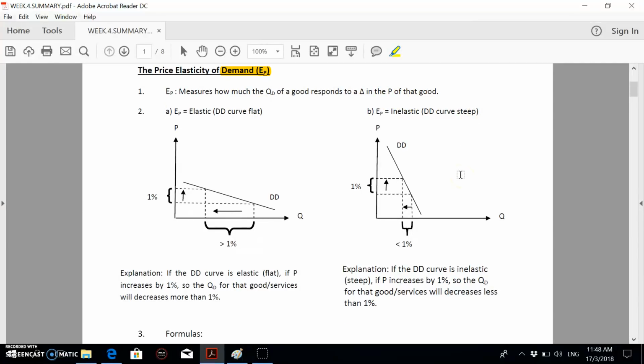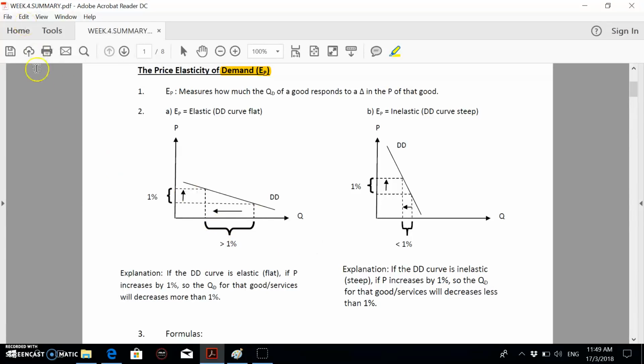For the chapter on elasticity, make sure you know these two types of curve. This is elastic. Why is it elastic? Because a 1% increase in your price makes your quantity demanded decrease by more than 1%.